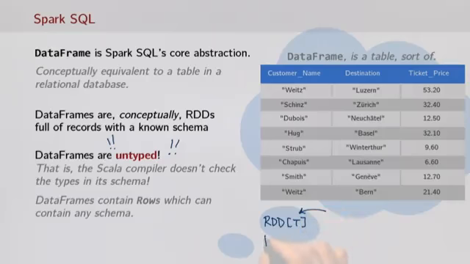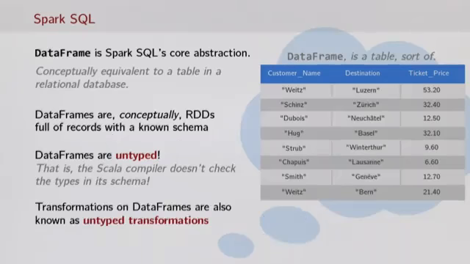However, data frames have no type parameter. They can contain rows, which can contain any schema, which the Scala compiler doesn't have a lot of ability to type check. And finally, one last terminological point, transformations. Transformations on data frames are called untyped transformations. This terminology is going to also come back to us later.